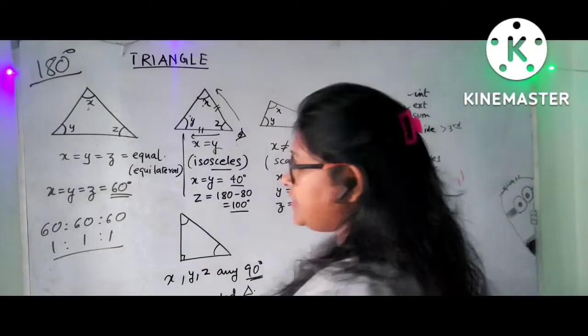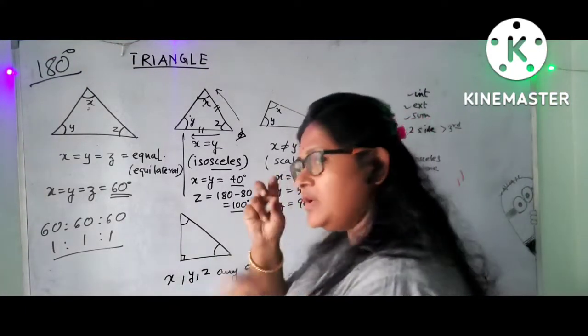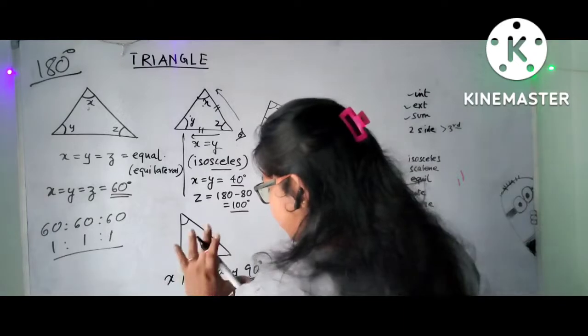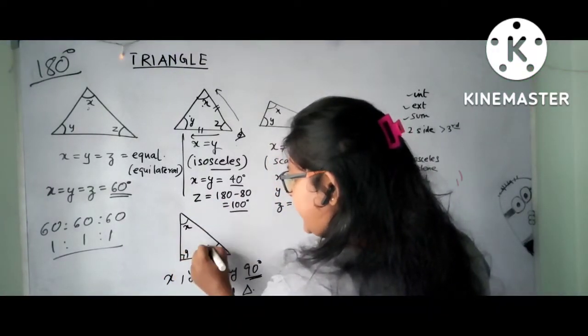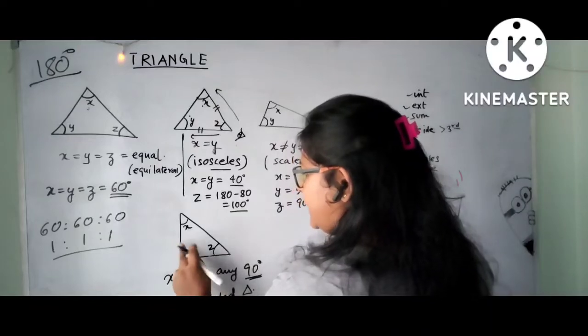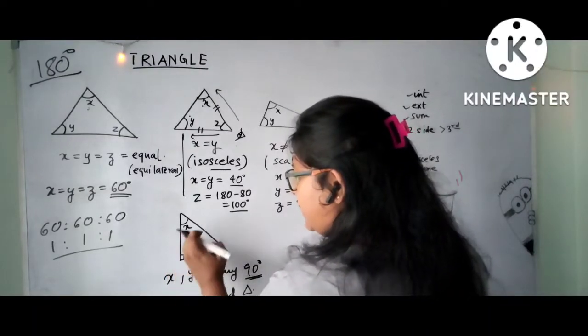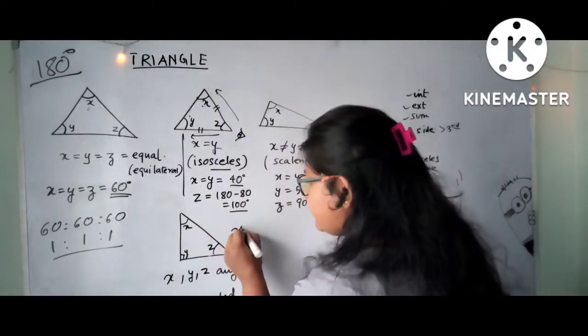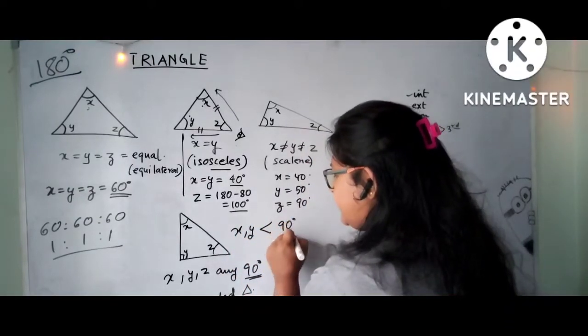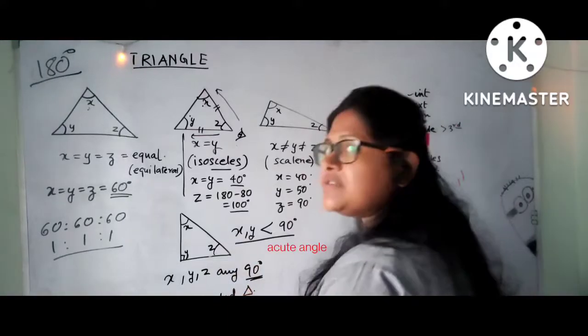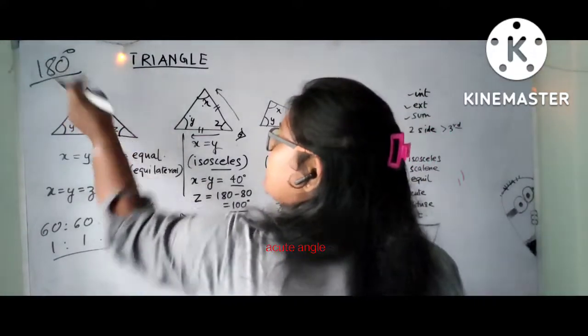Now, right angled triangle, clear? One thing you will always remember, in case of a right angled triangle, suppose this is x, y and z. If my y is the right angle, x and z will always be less than 90 degrees, because of the obvious reason that my total angle is 180.